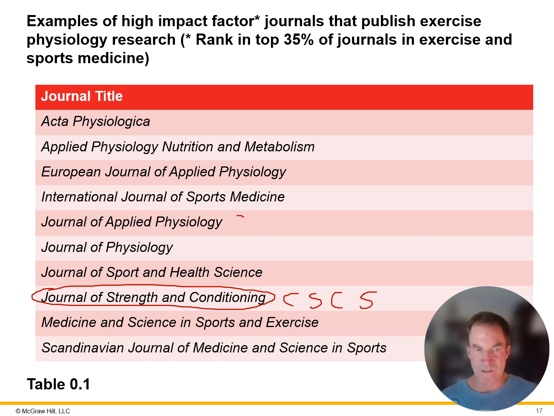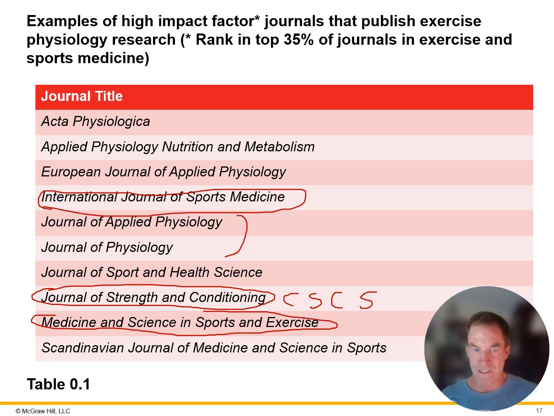The International Journal of Sports Medicine I used to like quite a bit, and then the ACSM has Medicine and Science in Sports and Exercise, which is where I've been published mostly, in my abstracts and such. They call that the MSSE, and the ACSM is one of the more prestigious certifying bodies for personal trainers.